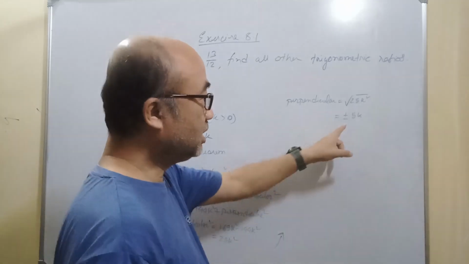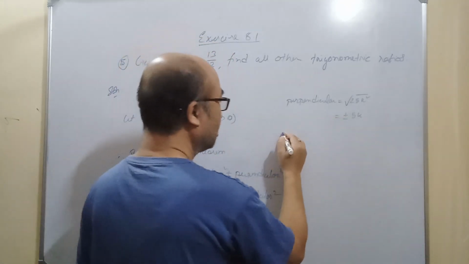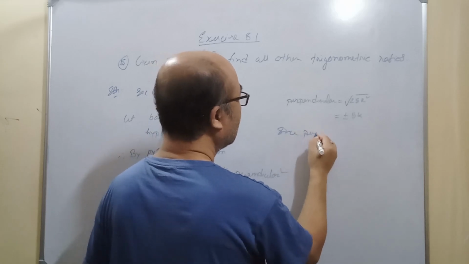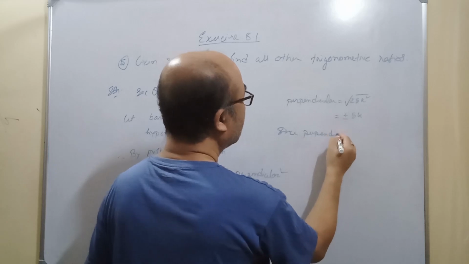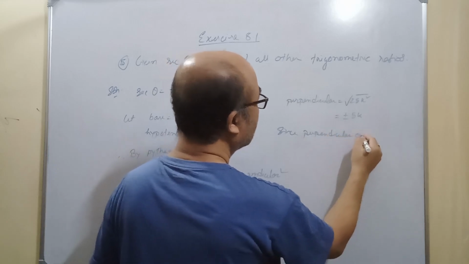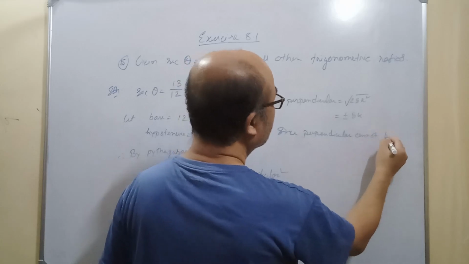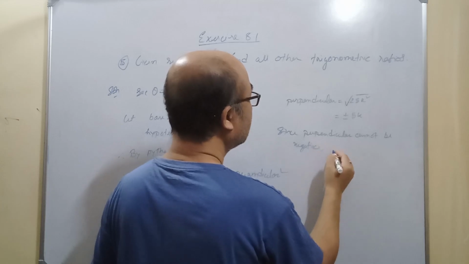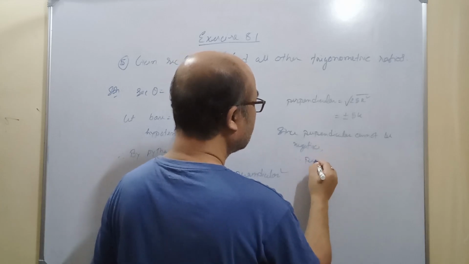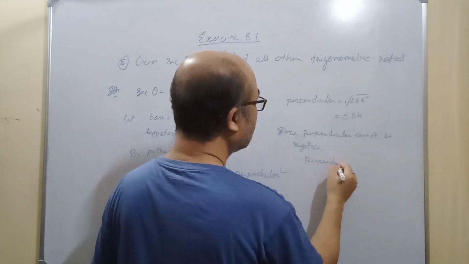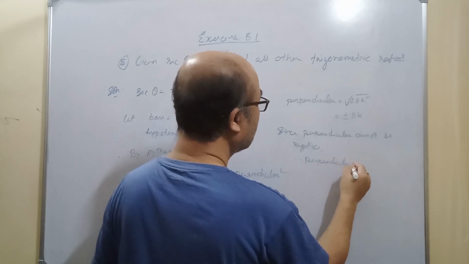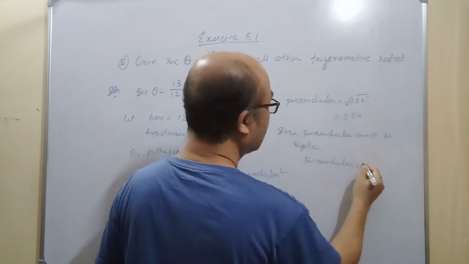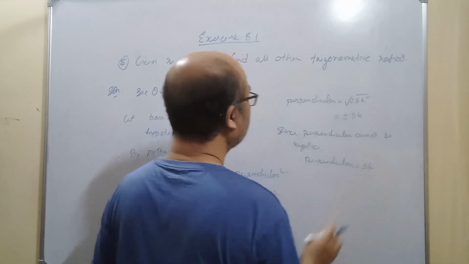That is why we reject the negative value. Hence perpendicular is equal to 5k.